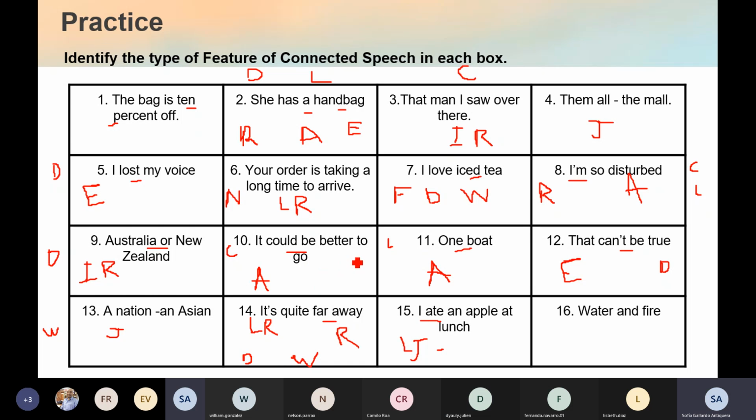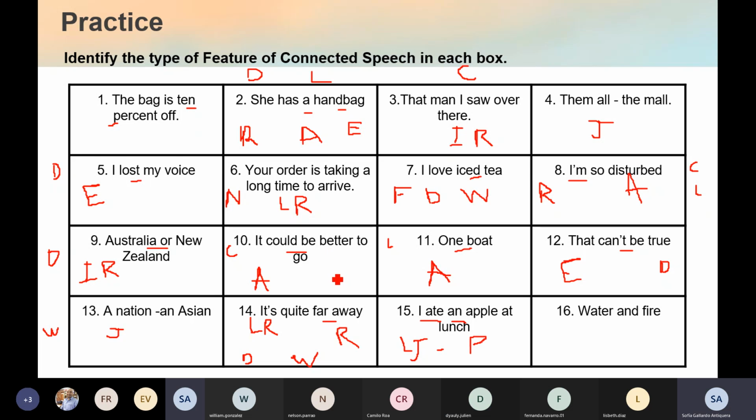I ate an apple at lunch. What happens with "an"? Could it change? Perhaps, maybe not. What do you think? Okay, I think maybe this could change to a schwa. So it could be reduction.